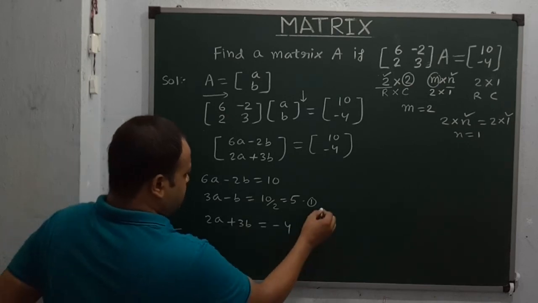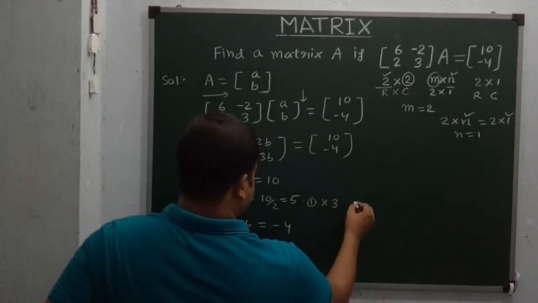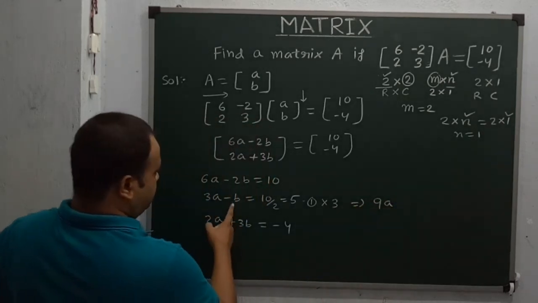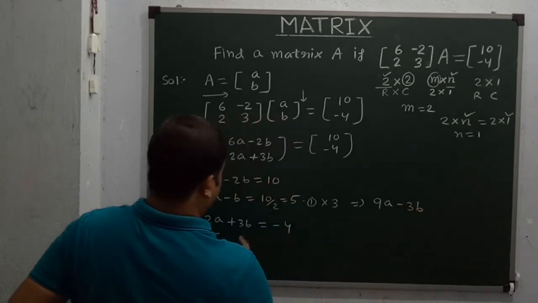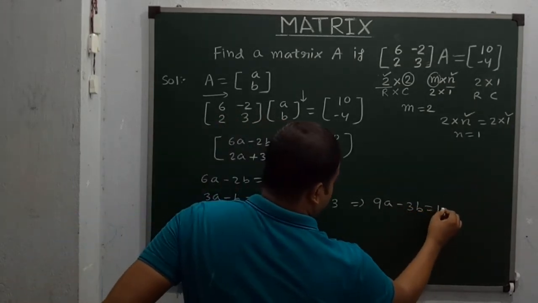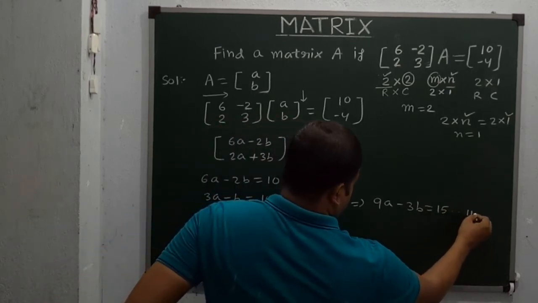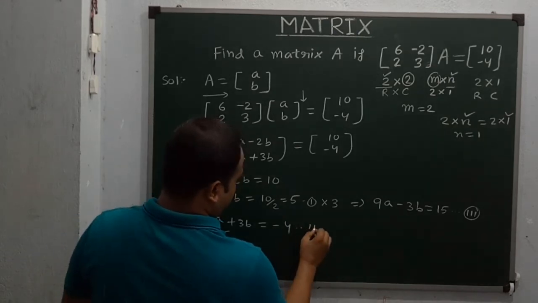Now simply if I multiply this equation 1 by 3, we are getting this equation as 9a minus 3b equals to 15. Suppose if I give the name here equation 3. Now if I solve this, this one is equation 2.